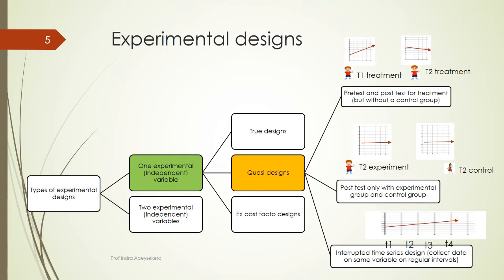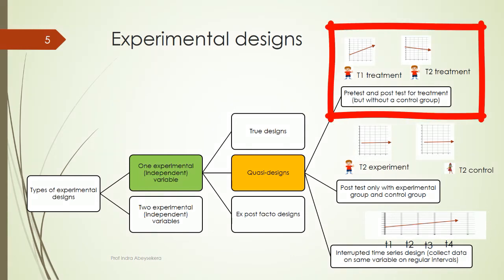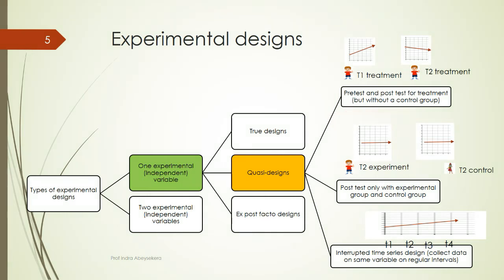So we look at the treatment group in period 1 and then look at the treatment group in period 2 and then compare, but without a control group. So it's a quasi design. The second is we look at the post-test only with experiment group and control group.